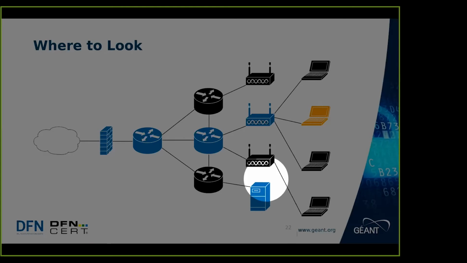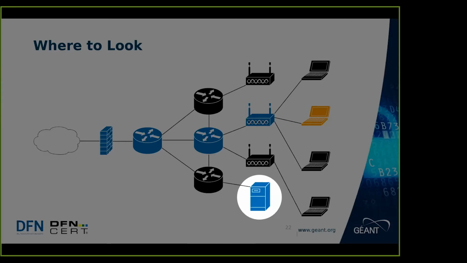In addition, and this is why this guy here is also blue, you might have some interesting communication relationships with internal services. We'll see that just as an example. Let's say this is a DNS server.